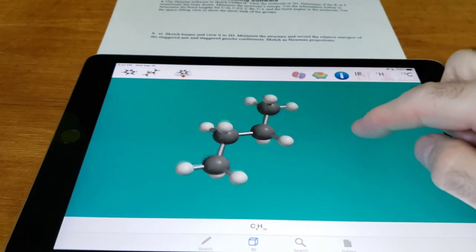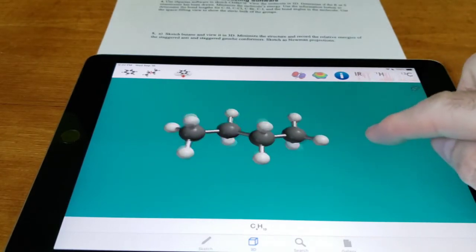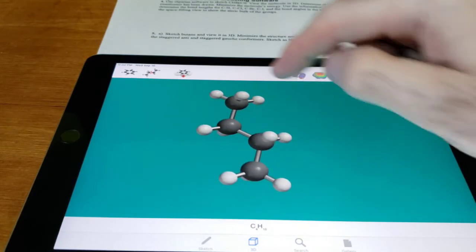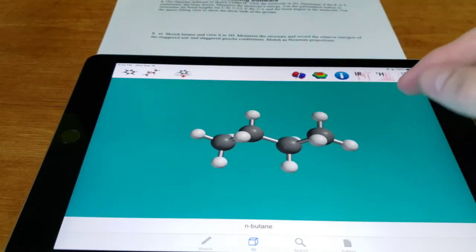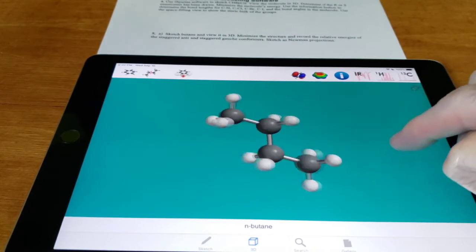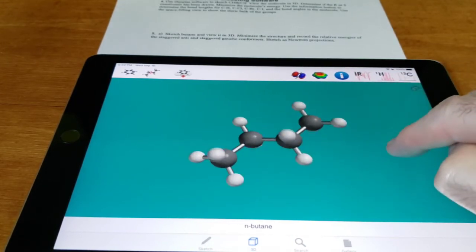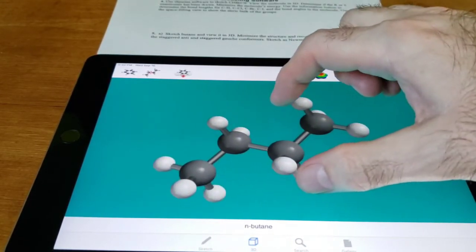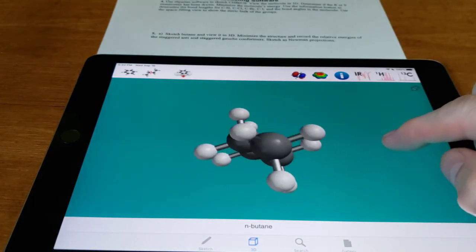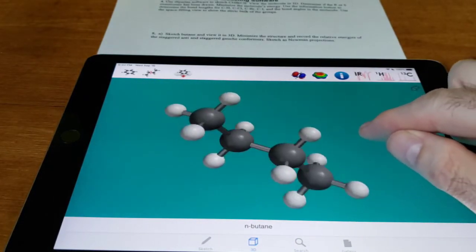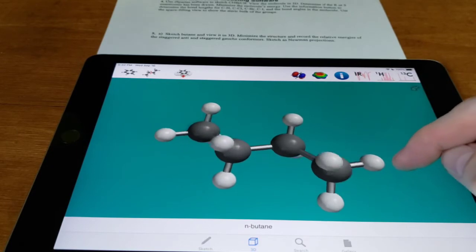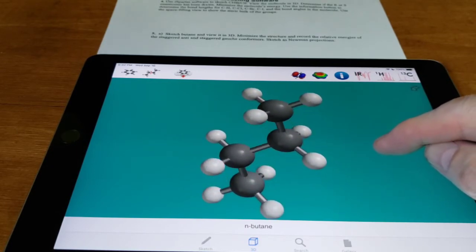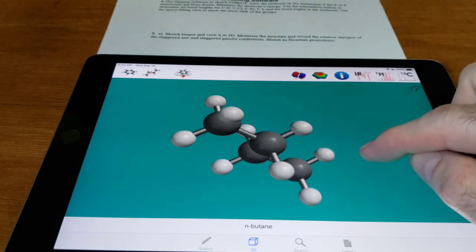So here is butane, C4H10, and I can minimize that, and it tells me this is n-butane, n for normal, just means all in a chain. Okay, let's see if rotating this around, I can look at this as if it were a Newman projection.